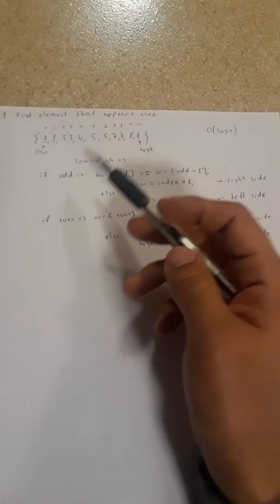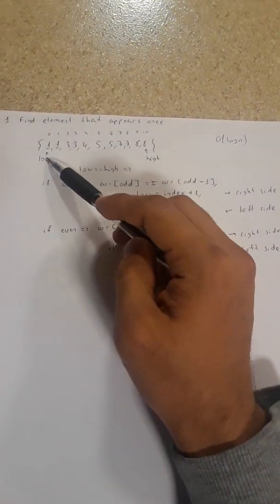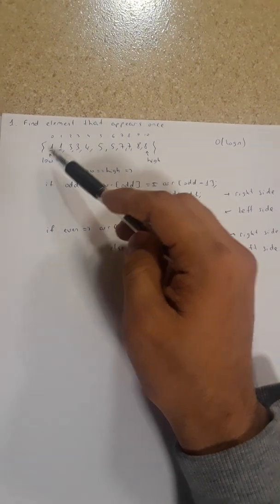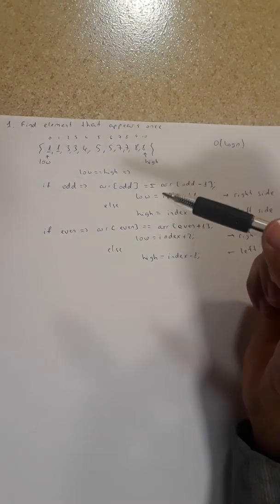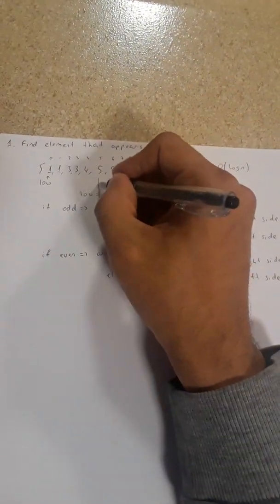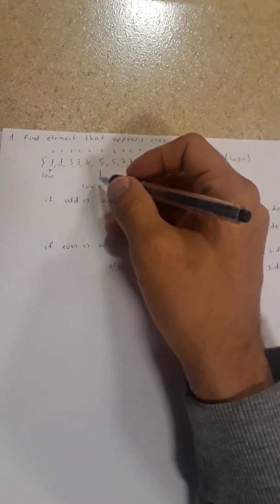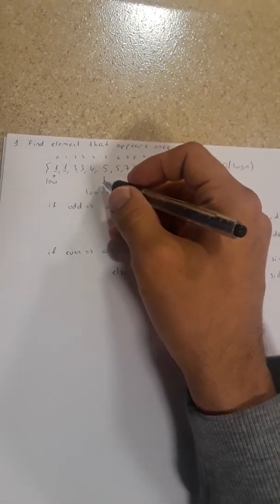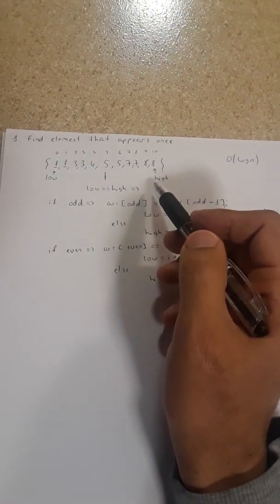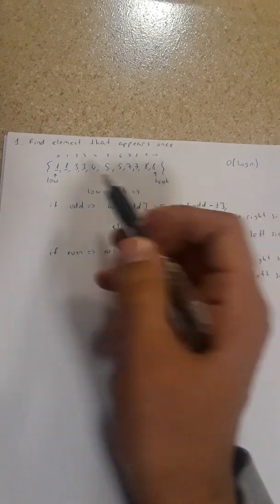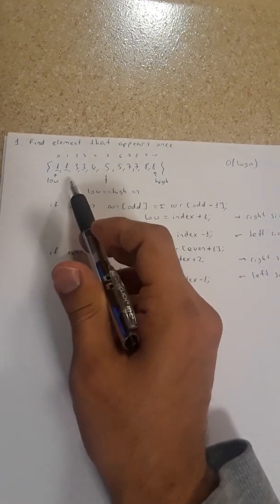For it, we will need 2 pointers, low and high. Low will be pointing at the first element of an array, and the high will be pointing at the last element, but according to the search, it will always divide our array by 2 and decide at which side of an array is the element we are looking for, at the left side or at the right side, and according to the result we will decide in which direction to move.